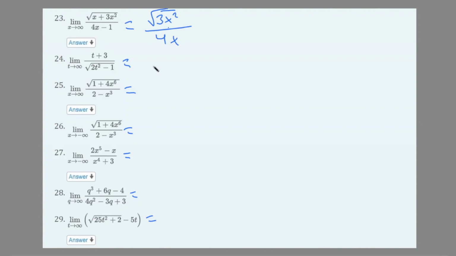So in order to get that x squared out, we have to square root that. So we could actually change this into square root of 3 times x, we have square root x and then over 4x. So now all we need to do is simplify. So cross out the x, and we're left with square root of 3 over 4. That would be your answer. That's the limit as x goes to infinity.